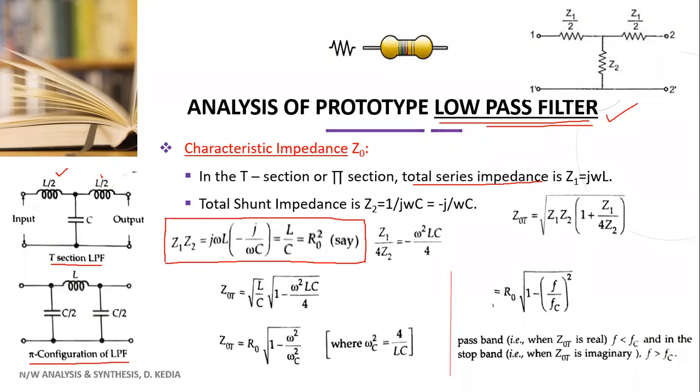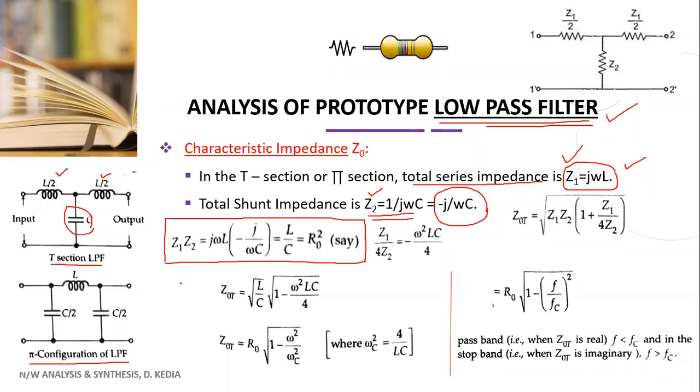This plus this, and this will come out to be j omega L by 2 plus j omega L by 2. It gives us j omega L. So Z1 is j omega L. And how much is the shunt impedance? That is Z2 is equal to 1 by j omega C. And since j is your complex number, if you multiply in the numerator and denominator, you get minus j by omega C. So we have seen Z1, we have seen Z2.